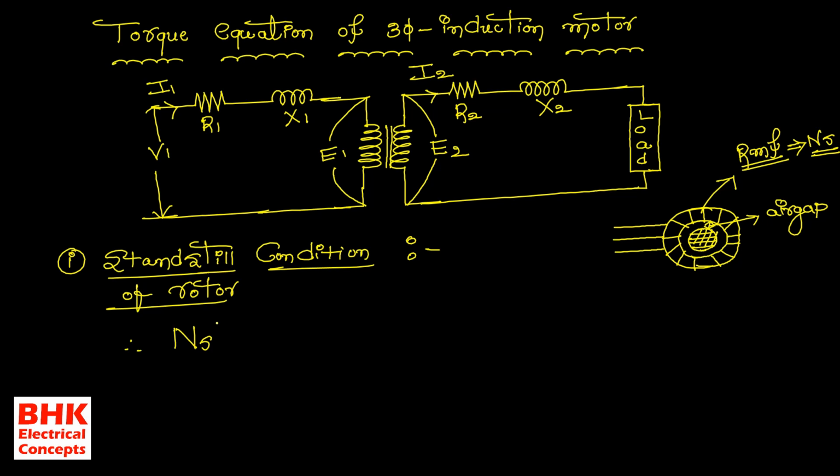Here Ns represents the synchronous speed of the rotating magnetic field, and the expression of this synchronous speed is given by Ns = 120f/P, in revolutions per minute. This is the speed of the rotating magnetic field on the stator of a three-phase induction motor.